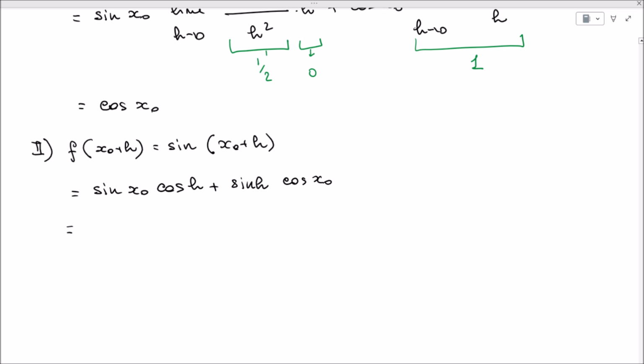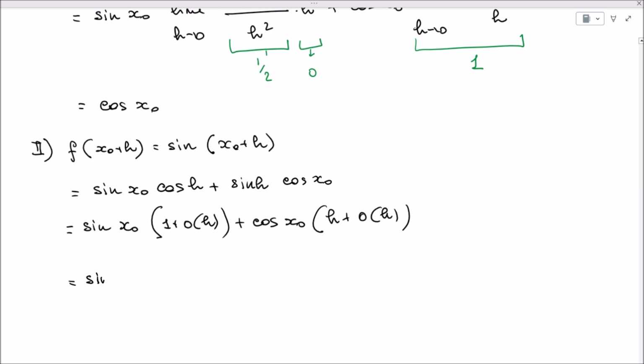Now we will use the short expansion of the cosine, and we have sine of x naught that multiplies 1 plus little o of h, and then we have plus cosine of x naught. Let's expand the sine. We have h plus little o of h, and this gives sine of x naught plus cosine of x naught times h plus little o of h.